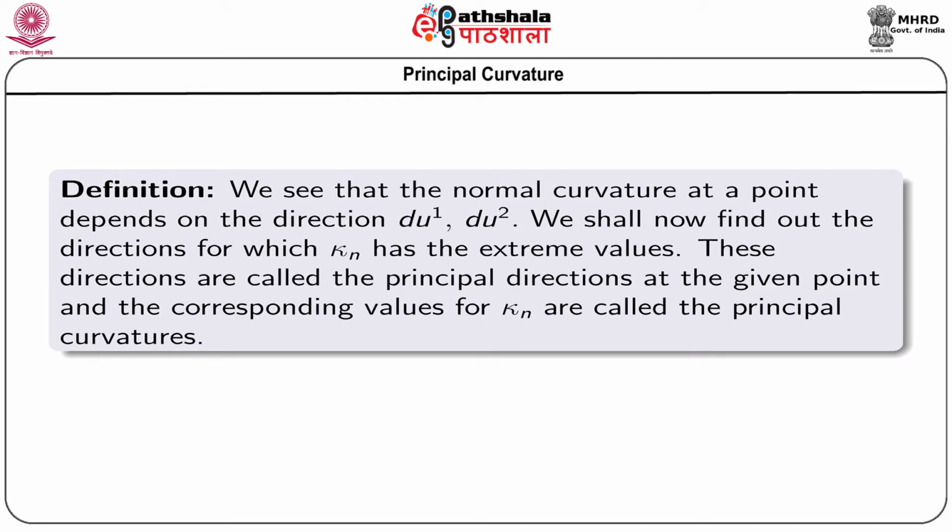And here we shall find out the directions for which kappa n has the extreme values, and these directions are called the principal directions at the given point, and the corresponding values for kappa n, that means the values of normal curvature for these principal directions, are called the principal curvatures.